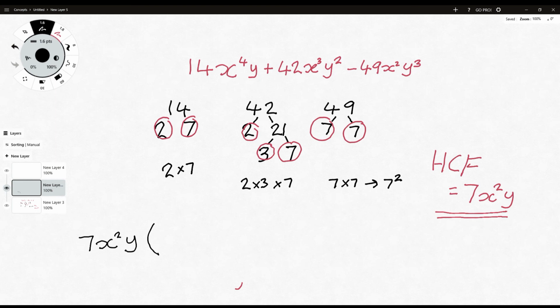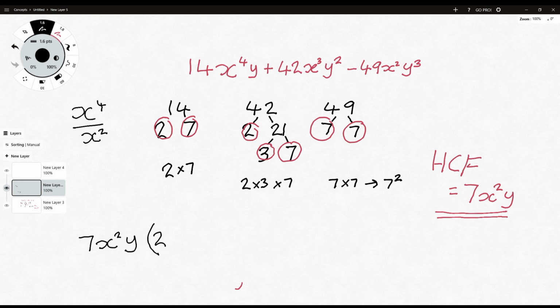So 2 times 7 is 14. And we divide x squared y into x to the power of 4 and y. Well, we know quite simply from our rule of indices, if we divide x to the 4 by x to the 2, or x squared, the rule of indices says when we're dividing, we subtract the indices.